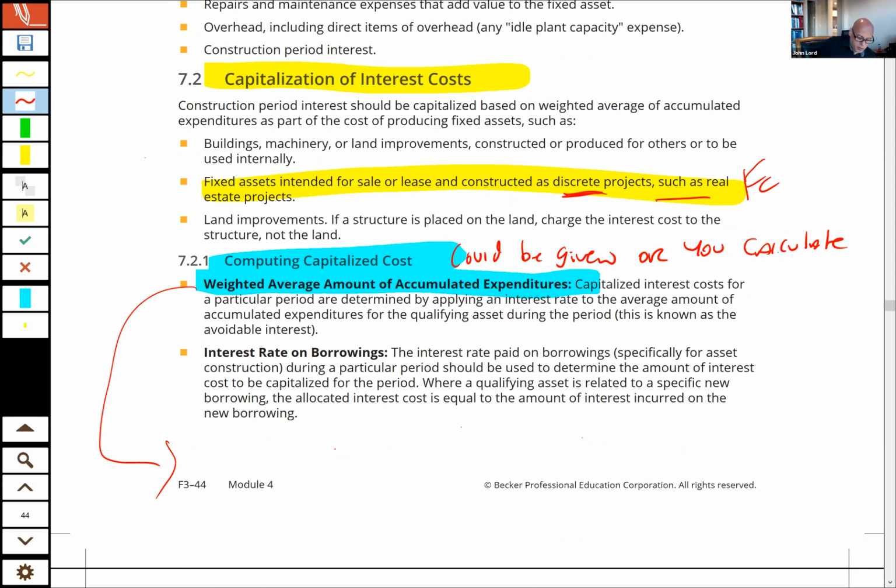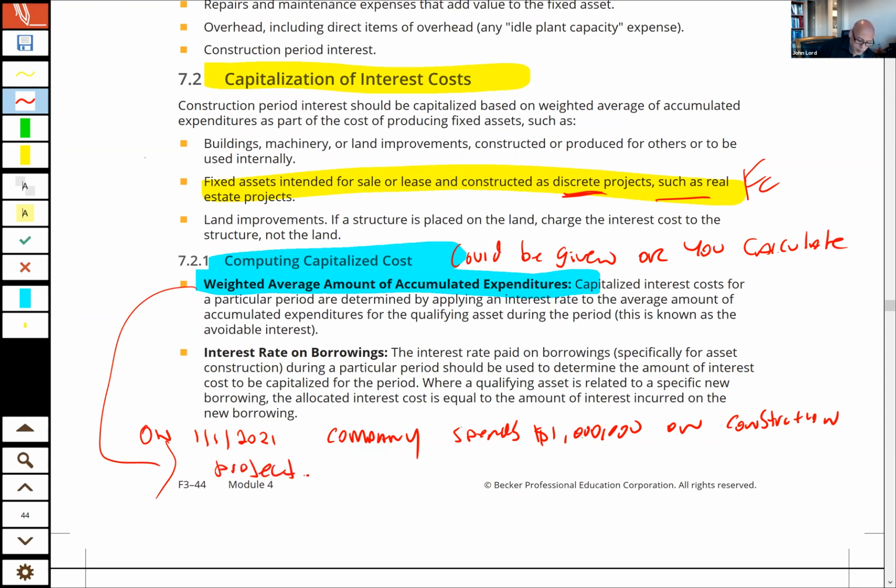So let's say, and you can just sort of write this in, company, let me put the date in here, on 1/1/2021, company spends $1 million on construction project. Okay.